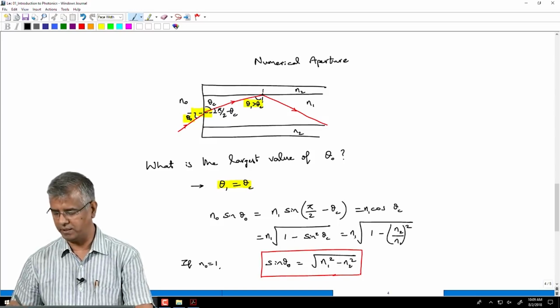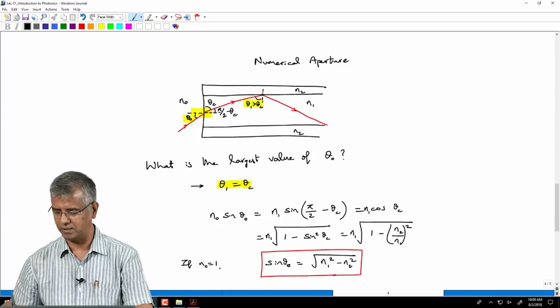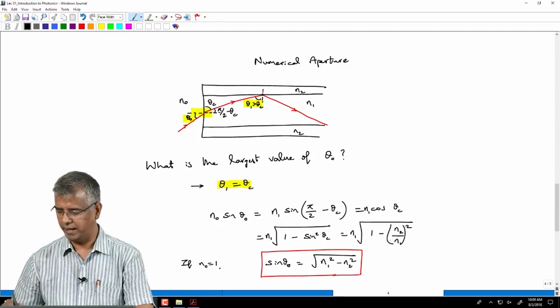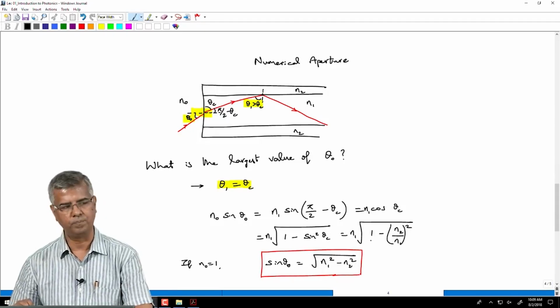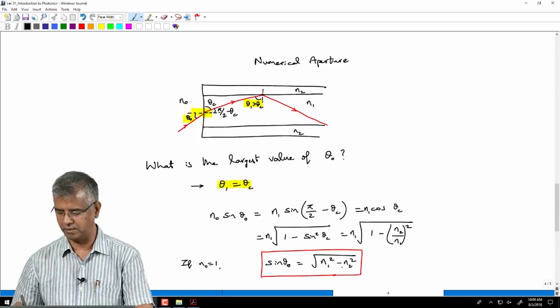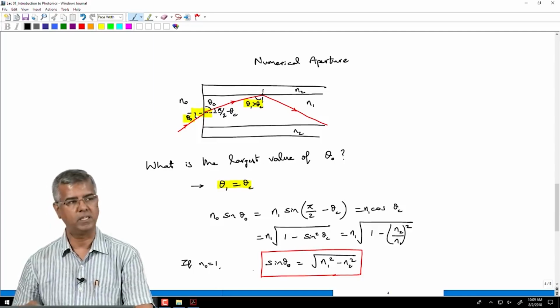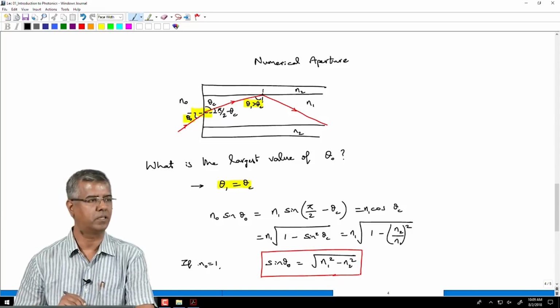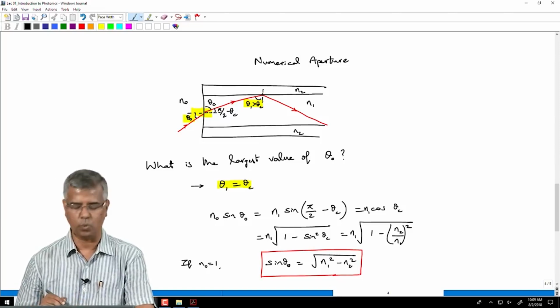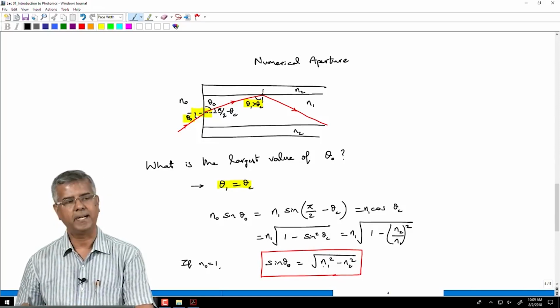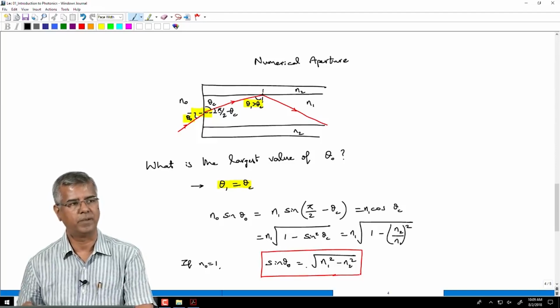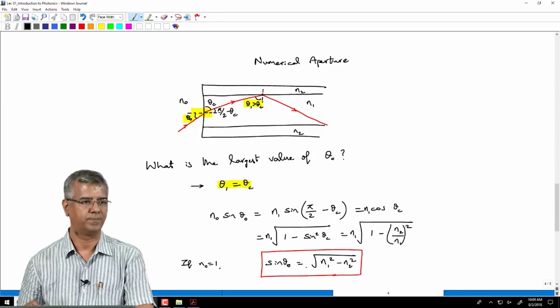So you get n1 root of 1 minus n2 over n1 the whole square. If I take n1 in common, then I get this simple expression which says sin theta naught, especially since we are considering n naught corresponds to air, n naught equals 1, then sin theta naught is root of n1 square minus n2 square.